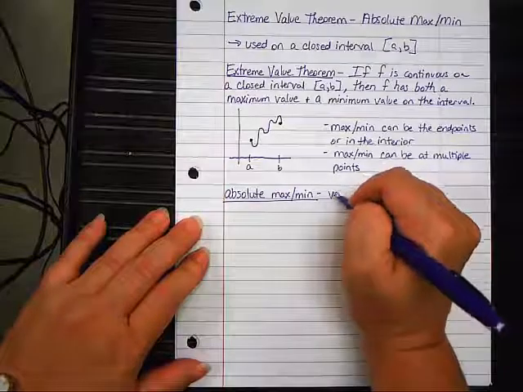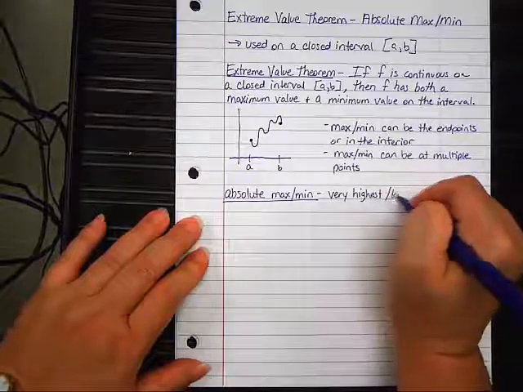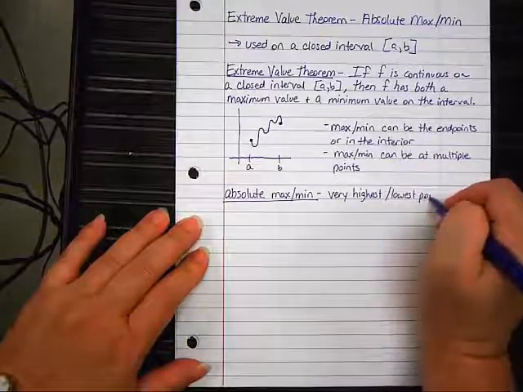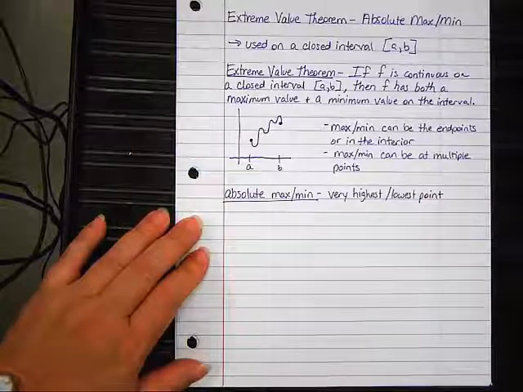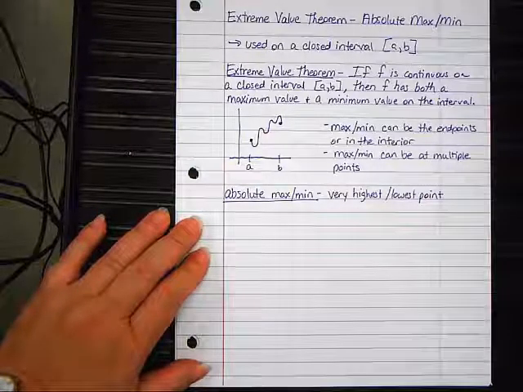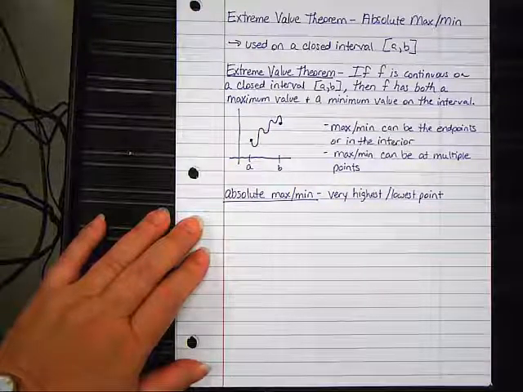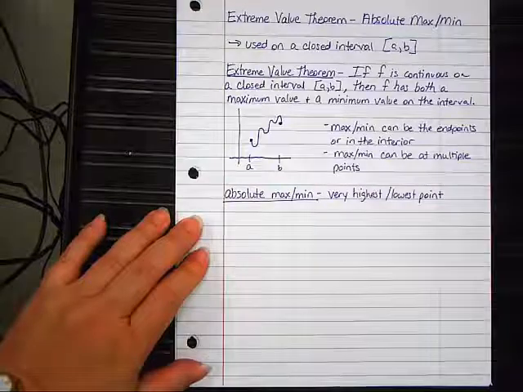It is the very highest or lowest point. No doubt about it. Every closed interval will have an absolute max and an absolute min. That's what the extreme value theorem says. There will be a highest point, there will be a lowest point.